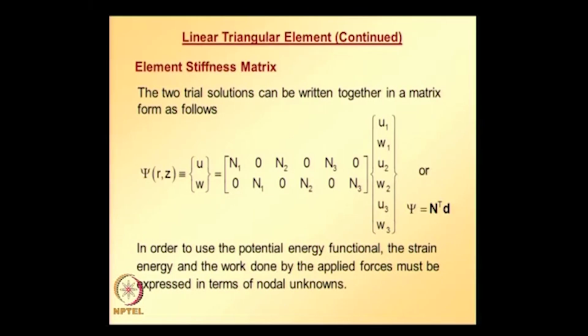So, we need to know the relationship between the trial solutions that we just obtained and the strains, so that we can plug this information into the definition of strain energy.